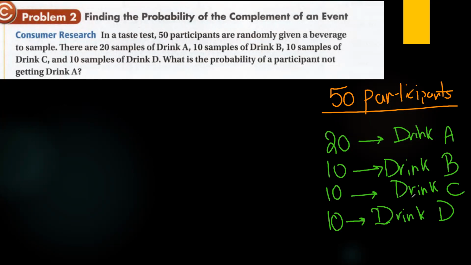Now, what is the probability of a participant not getting drink A? Not getting drink A.